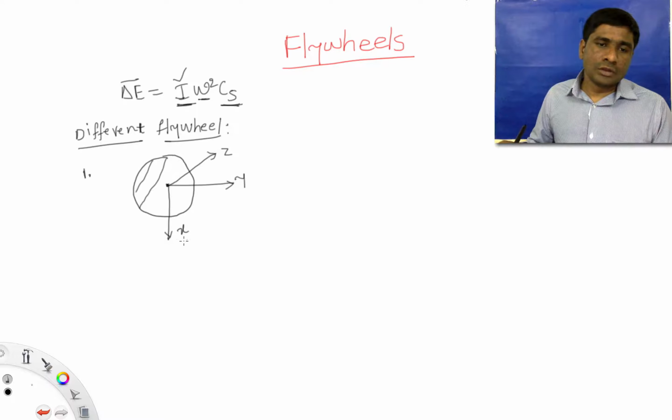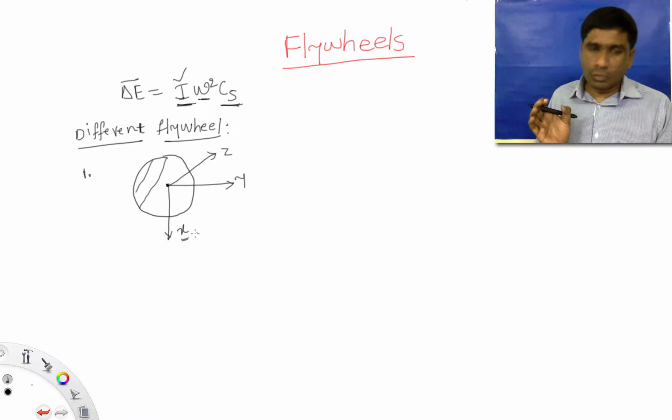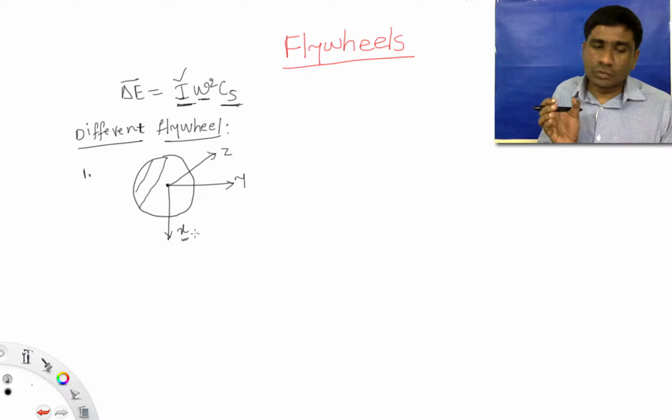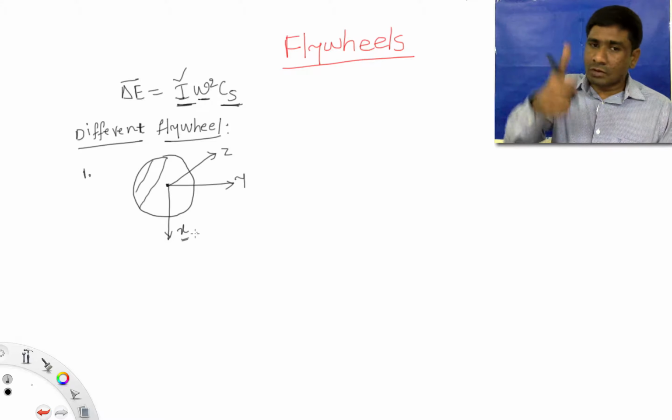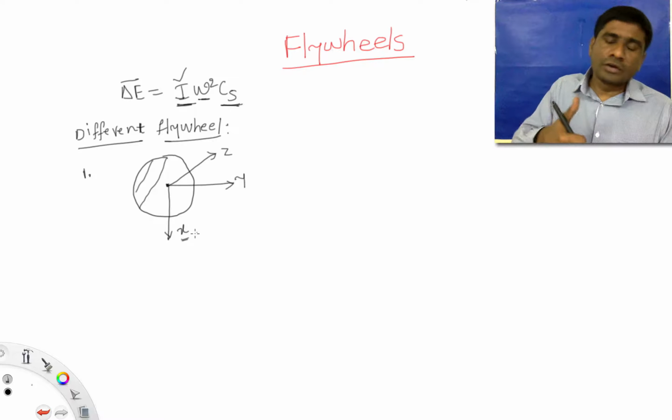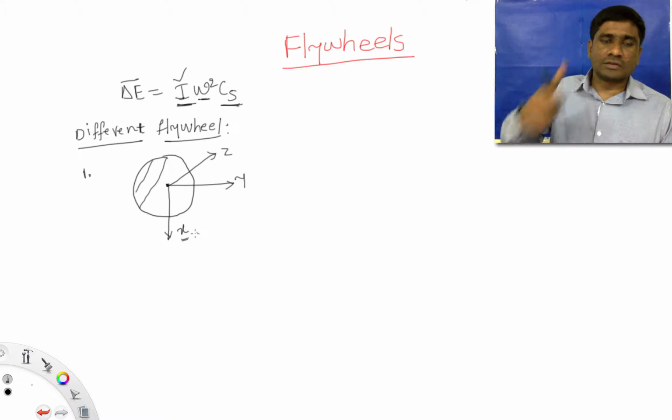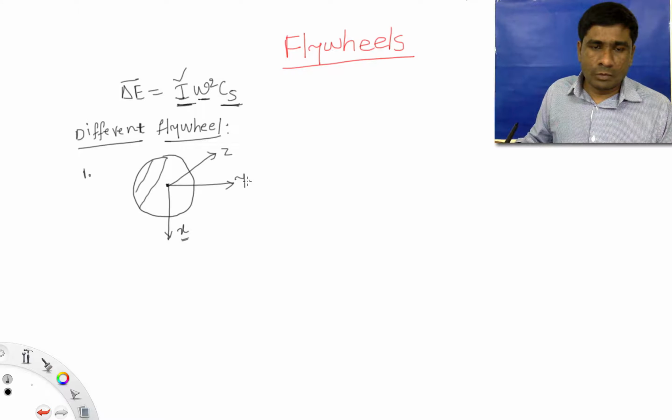So always we go for this notation. This is a right hand notation. If you turn your right hand from x to y, then your thumb should point towards the positive z-axis. Sometimes people may take this as x and this as y, and they may get confused, but you always stick to the right hand thumb rule.